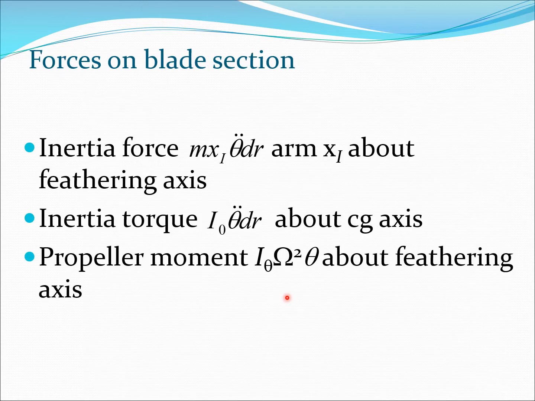So let's write this all down once again so that we are able to derive the equation of motion. We have the force m xi theta double dot dr, and the moment arm is xi because we are going to take the moments at the feathering axis. The inertia torque is I0 theta double dot dr, about the CG axis. The propeller moment is I theta, rotation speed square theta, around the feathering axis.